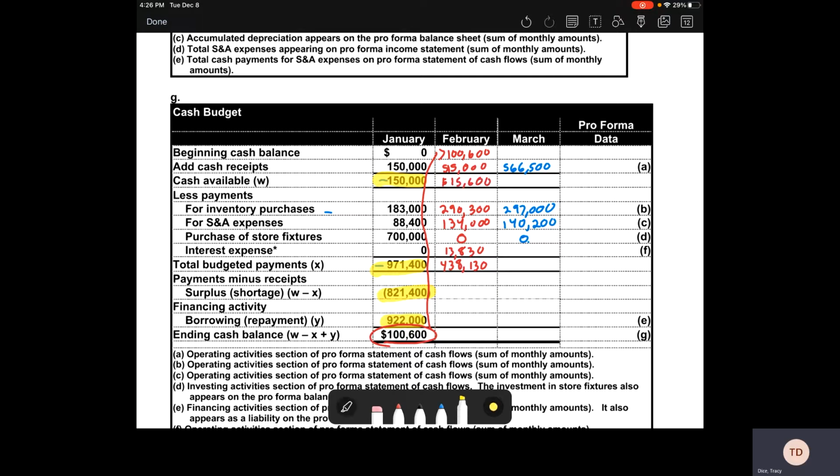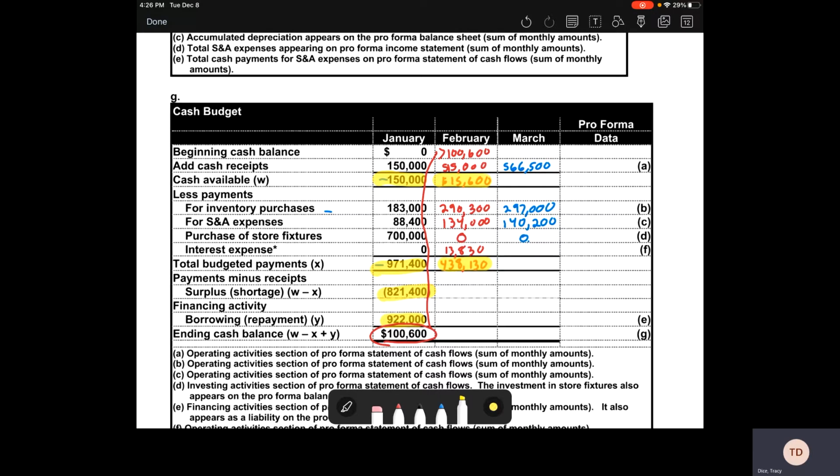So that's our cash available. We subtract our total budgeted payments from that. We get a total surplus of 177,470.